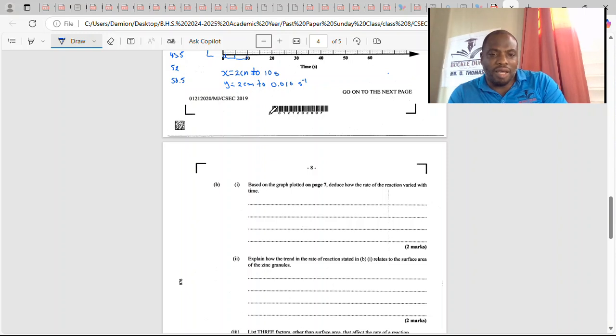It says, based on the graph, deduce how the rate of reaction varied with time. How did the rate of reaction vary with time?